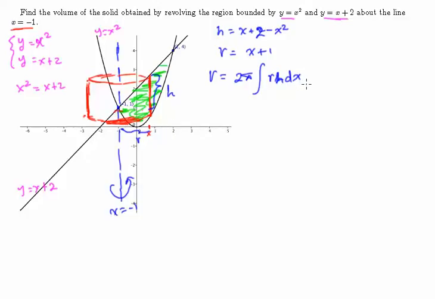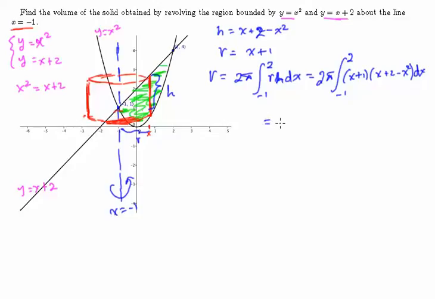So with respect to x, from -1 to 2, I have 2 pi times the integral from -1 to 2, r is x plus 1, and h is x plus 2 minus x squared dx.